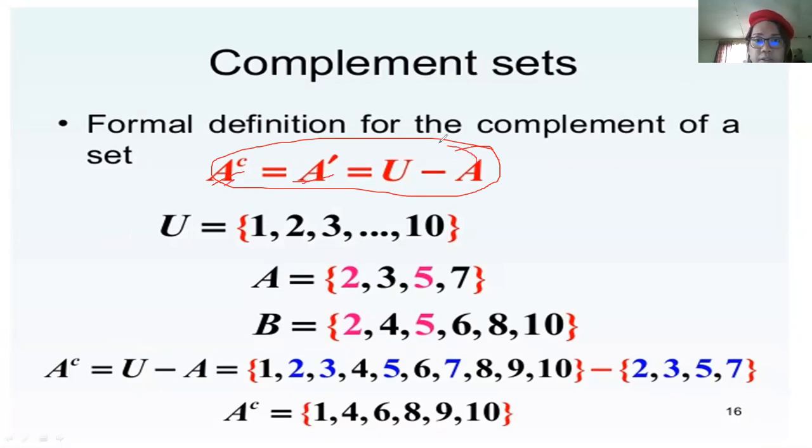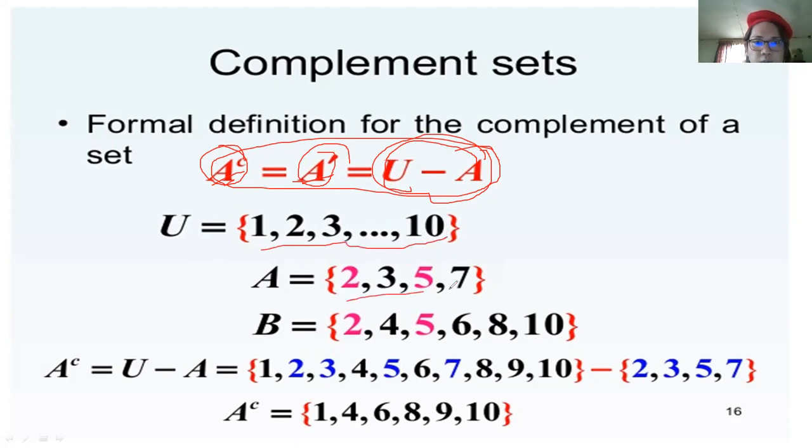And we can also rewrite these two symbols as we have it here as this symbol U minus A. So if we use the concept of a difference, then when we talk about complements of sets, it's like universal set minus A. So we're going to look for the elements that are not in set A. Just like here, the universal set is 1, 2, 3 to 10.